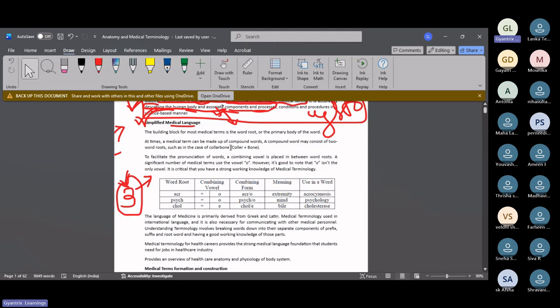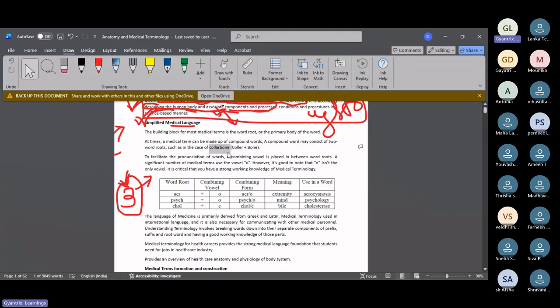This is an example where two root words are there. The collarbone is related to the musculoskeletal system. There is a bone around our neck, which is called the collarbone. In this word we have two terms, and these two words are the main words or the root words.